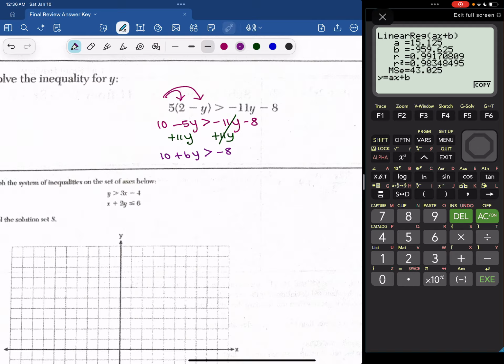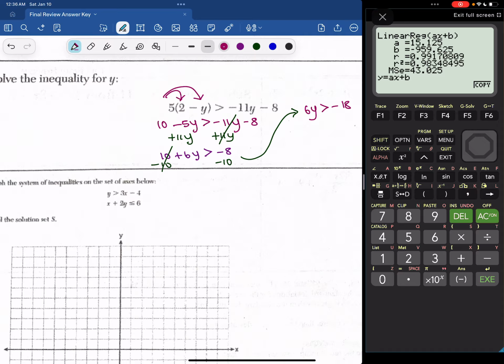My next step is to move the 10 over to the right side of the equation. So I'm going to do the opposite. I'm going to subtract 10 from both sides of the equation. 10 minus 10 will cancel out, and I'll be left with 6y is greater than -18.